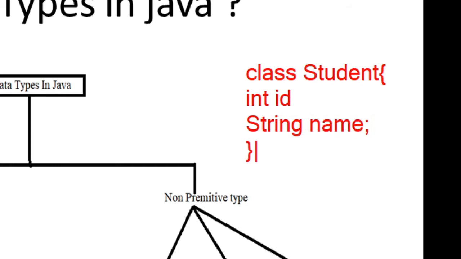So what is data type? Data type is an identifier of which kind of data we are going to store, like ID. ID should always be a numeric number, like 0, 1, 5, 6.